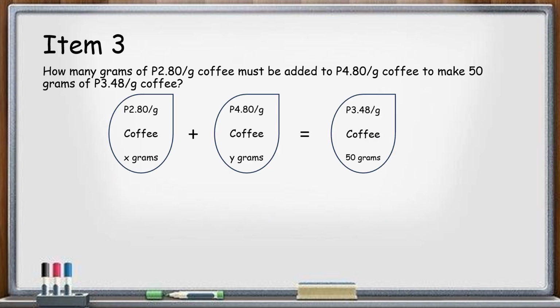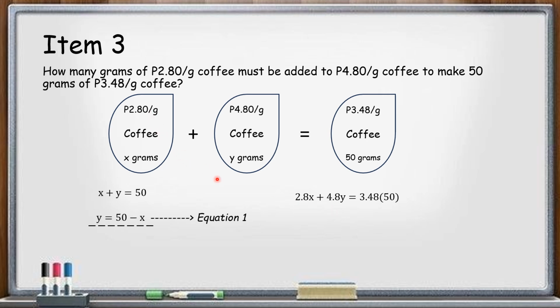So same as the previous problems, we set up the first equation, which is x plus y is equal to 50. Their weights, this time it's weights, not volume. Then solving for x in terms of y, we'll keep that there. And the next equation, we just multiply the prices to the grams.